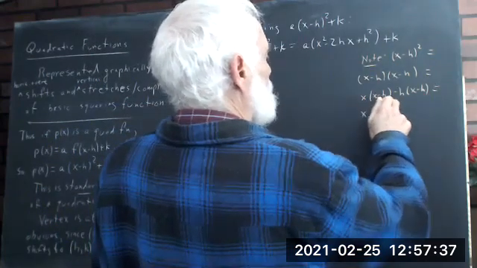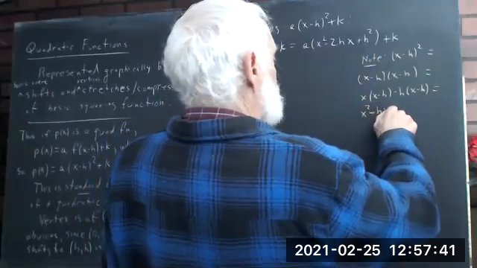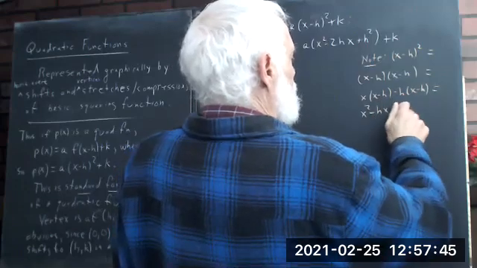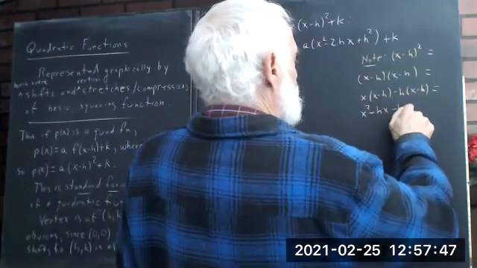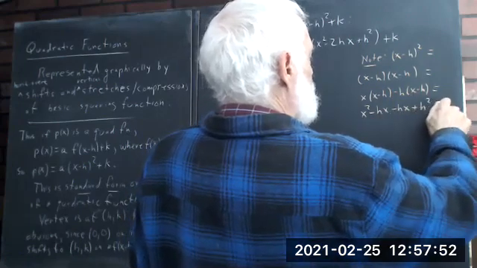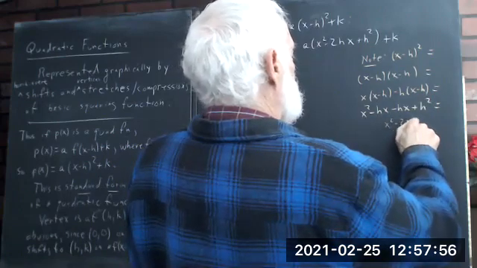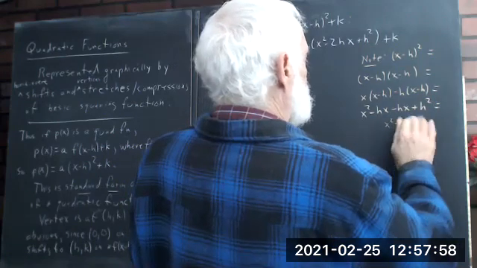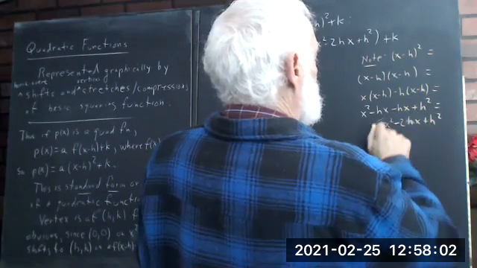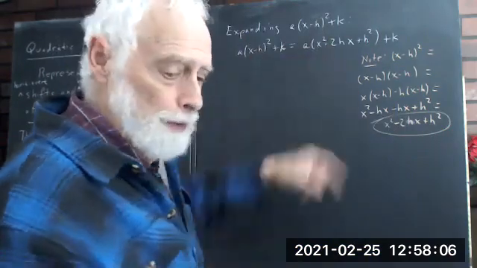And then x times x minus h, again by the distributive law, is x squared minus hx. And then this is minus h times x, which is minus hx. And minus h times minus h is plus h squared. And that equals x squared minus 2hx plus h squared. So that's why this is equal to this.